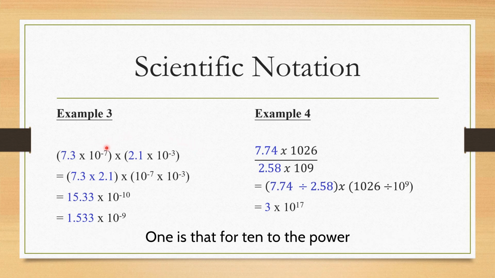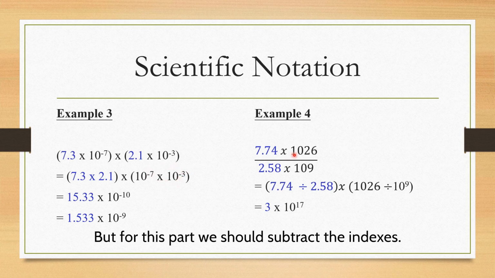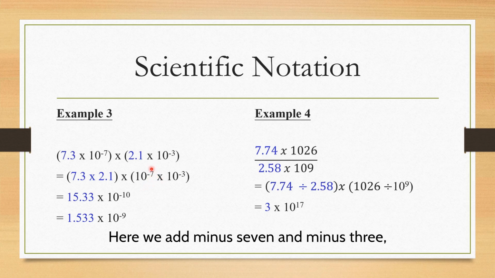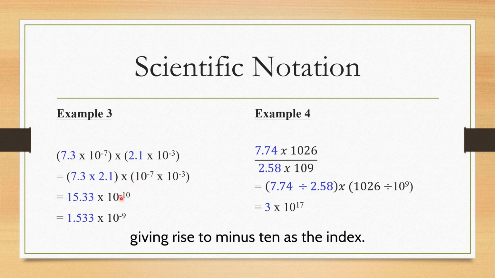One is that for 10 to the power minus 7 times 10 to the power minus 3, we can add the indexes together. But for this part, we should subtract the indexes. So here is also easy. 10 to the power minus 7. Here we add minus 7 and minus 3, giving rise to minus 10 as the index.